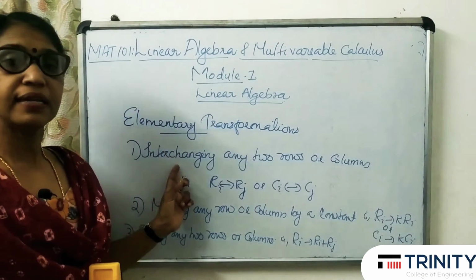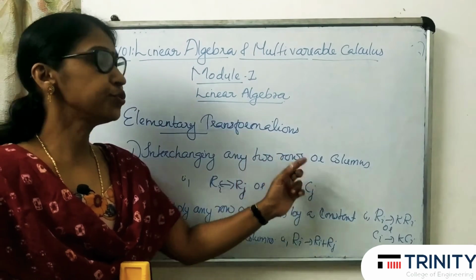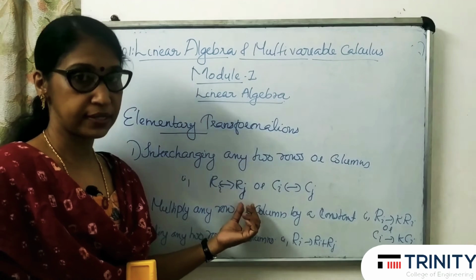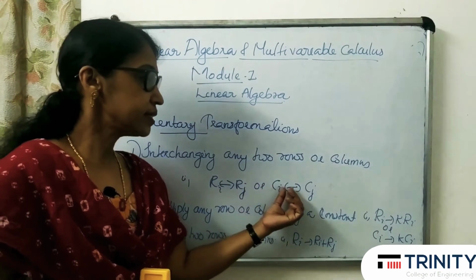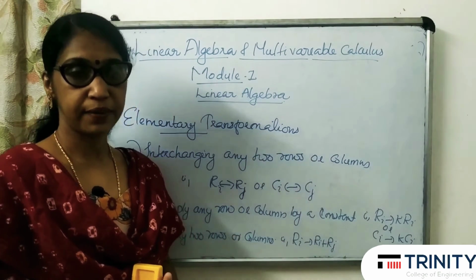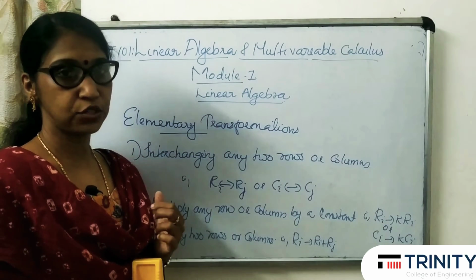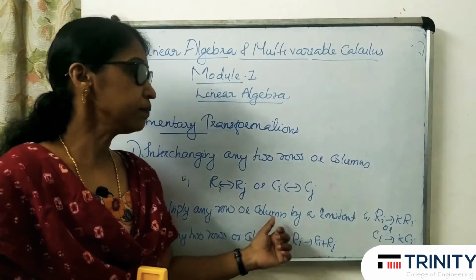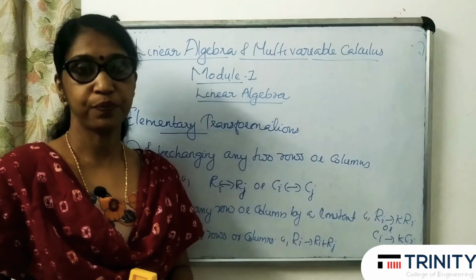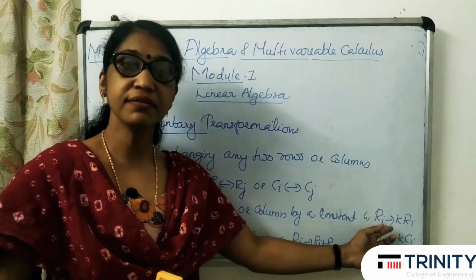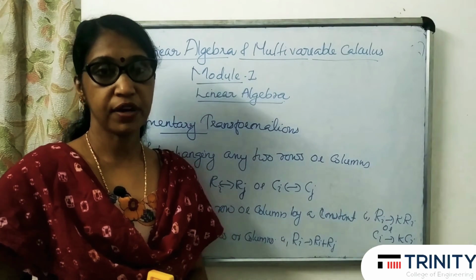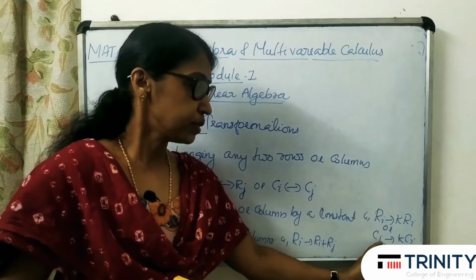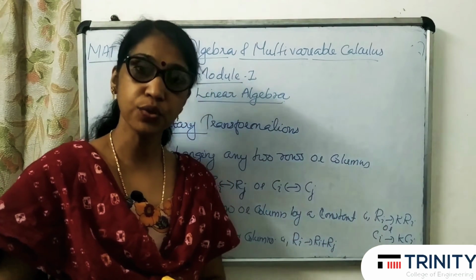Look at this. The first one is interchanging any two rows or columns, that is Ri is interchanged with Rj, or Ci is interchanged with Cj. This is the first elementary transformation. The second one is multiplying any row or column by a constant value, that is Ri gives k into Ri, or Ci gives k into Ci.